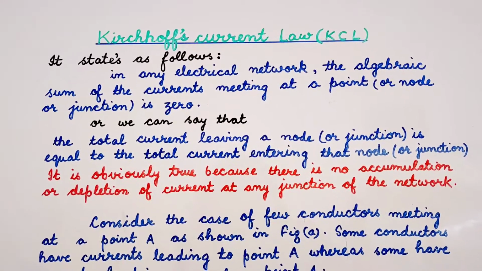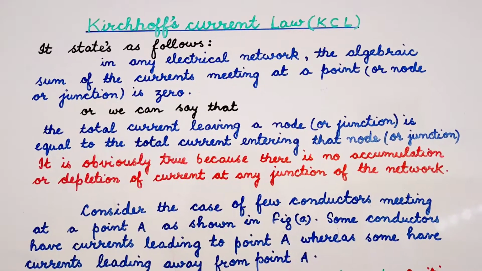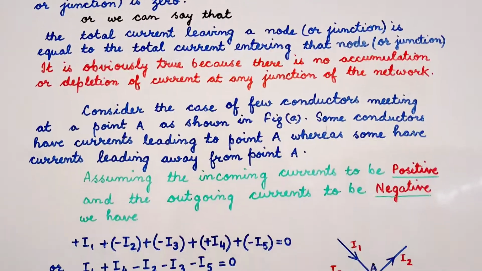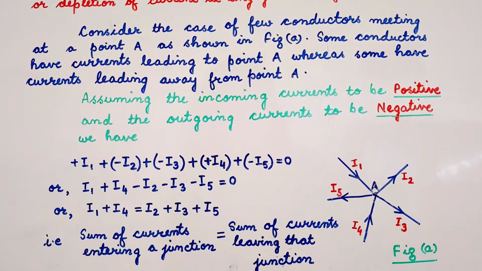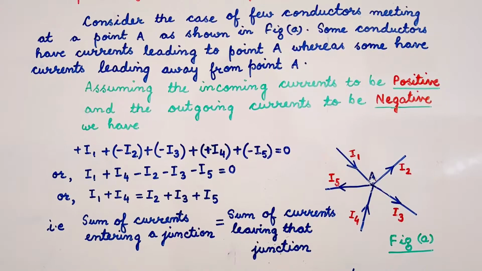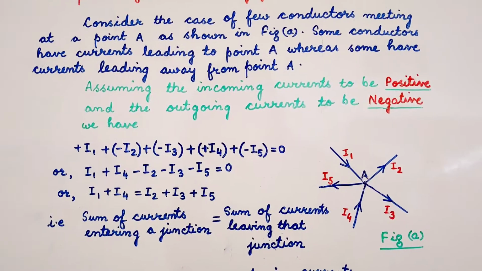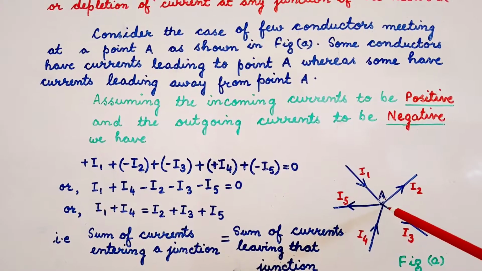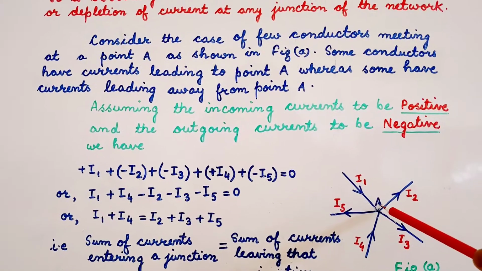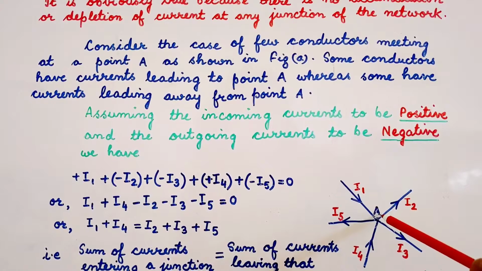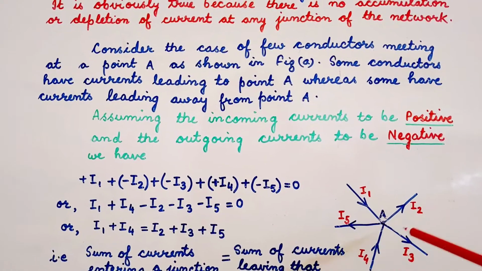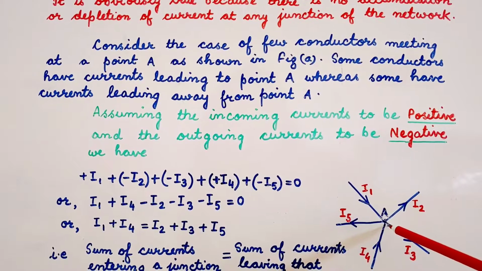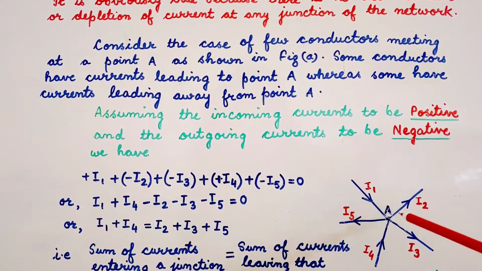For this, let us consider the figure shown in figure A. Here we find that there are a few conductors which are meeting at the junction A. A is also known as a node. So A is the node or junction, and there are a few conductors meeting at it.